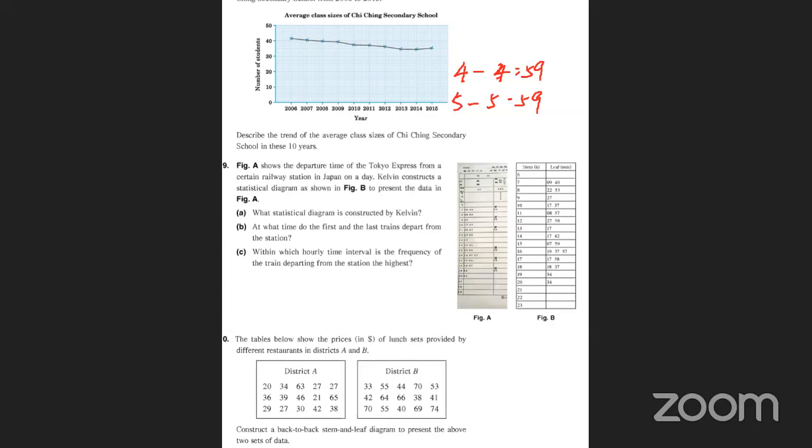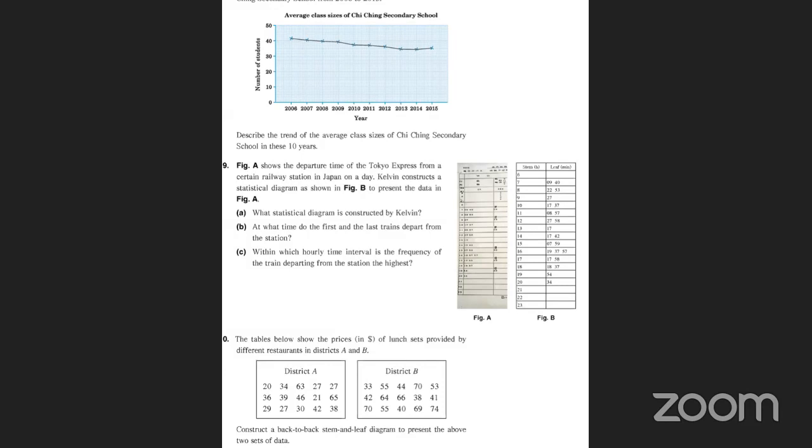This is called an interval. From 4 p.m. to 4:59 p.m. or from 4 a.m. to 4:59 a.m. Then we'll think from the length of the time here is 1 hour, and this is the interval.